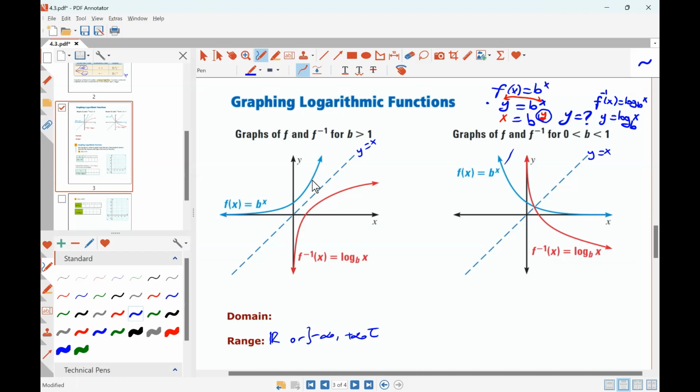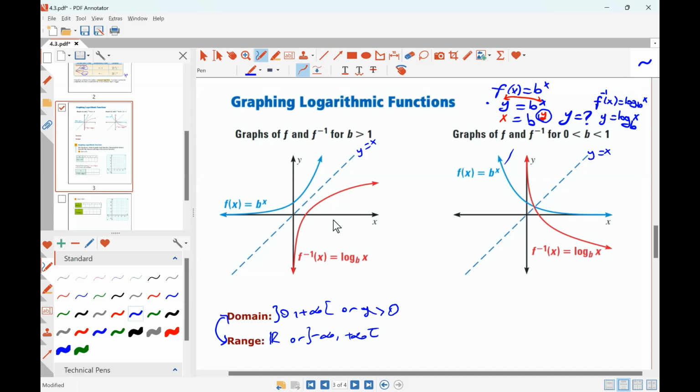It was 0 to infinity. Now that becomes your domain: 0 to infinity exclusive, or y is greater than 0. Since you switched x and y, it is x is greater than 0. So we just change the places of domain and range.